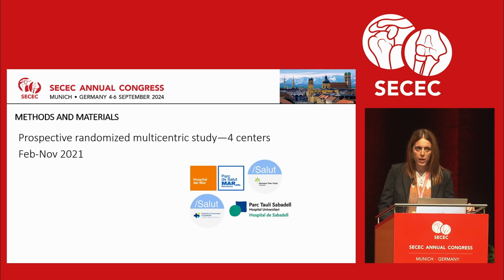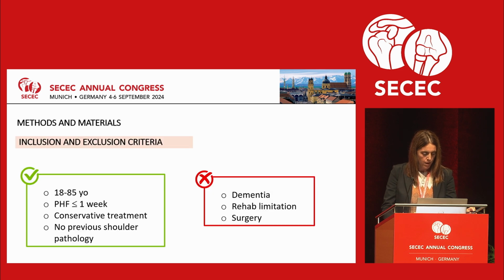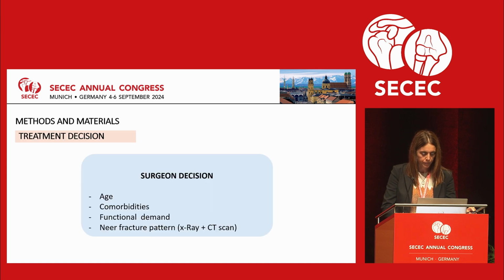We designed a prospective, randomized, multicentric study involving 4 centers, including patients from February to November 2021. We included patients aged 18 to 85 years old with an acute proximal humeral fracture, less than 1 week, candidates to conservative treatment, and with no previous shoulder pathology. And we excluded patients with dementia, unable to participate in a rehabilitation program, and candidates for surgery.